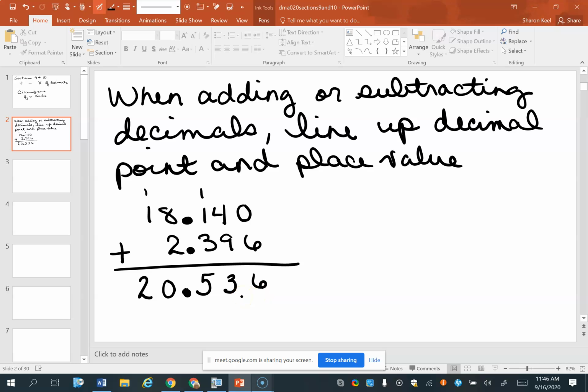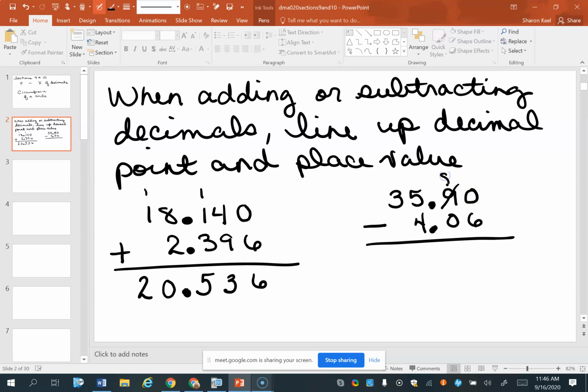Let's say we're going to do a subtraction. If I have 9, I'm going to subtract 4.06. We've lined up the decimals and place values. I need to add a 0 as a placeholder. I cannot subtract 6 from nothing. There's nothing here, so I'm going to borrow.